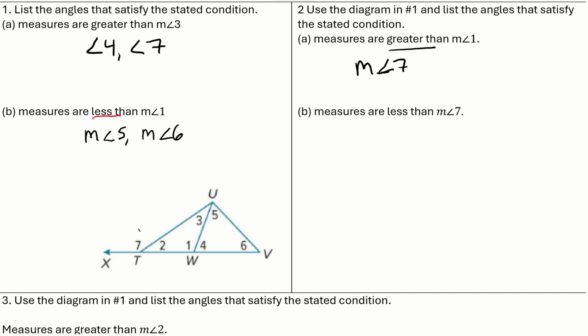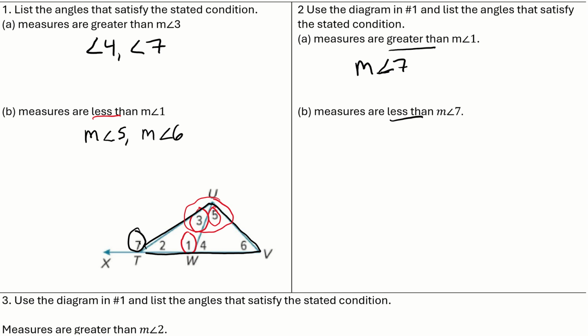Which measures are less than angle 7? Okay, so we want it to be less than angle 7. That means that we're looking for remote interiors. 7 is an exterior angle. What are my remote interiors to 7? 1 and 3. If I consider this triangle, then 5 would also be part of the remote interior, right?